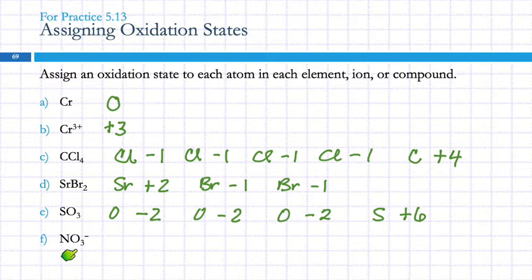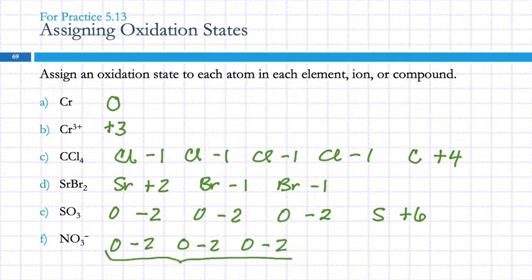Here we've got the nitrate ion. So nitrogen and oxygen, Pho 765. No fluorine, no hydrogen, oxygen again, right? And oxygen is still going to pick the -2, and here there's also 3 of them. So together, that's -6.